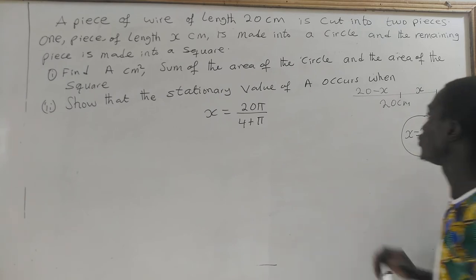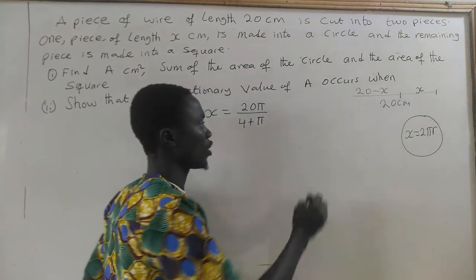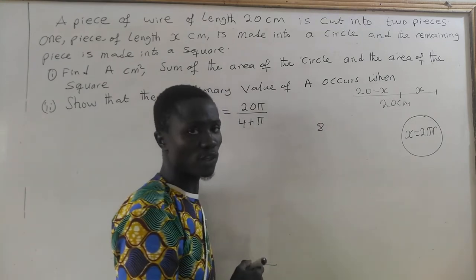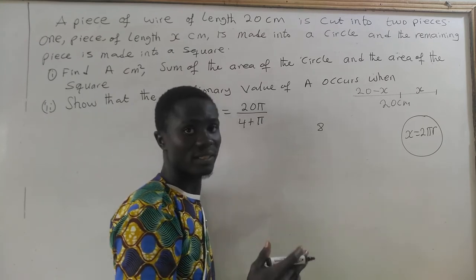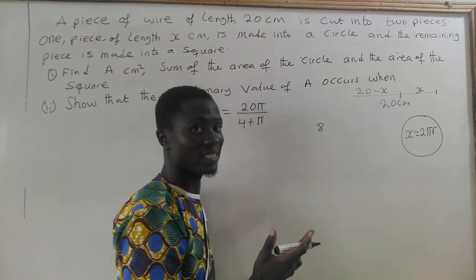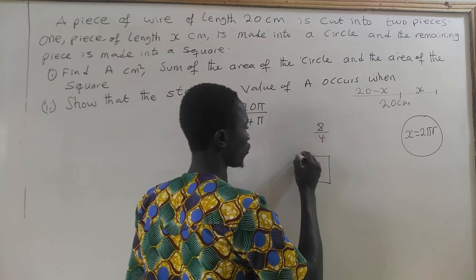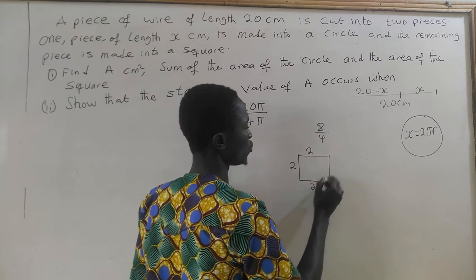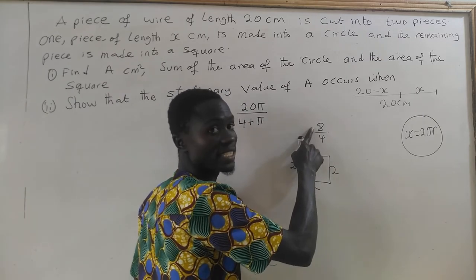Okay, how do you use a wire to form a square? If you have a wire of length, let's say 8 centimeters, and I want to use it to form a square, then a square has equal what? Sides. So you divide this into 4 because a square has 4 equal sides. So you have 2, 2, 2, 2. That is 2 plus 2 plus 2 plus 2, which gives you 8.